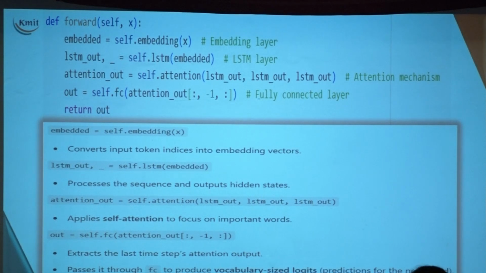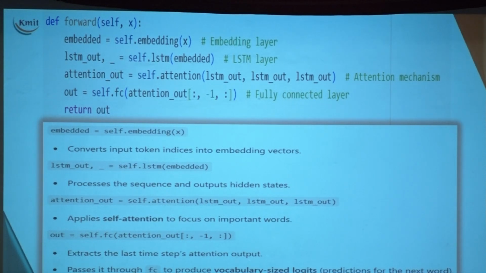Once you are done, you are passing on this output of LSTM. You will be taking only one of them, that is your one of the outputs that you are going to take out of the attention. And the last one, the last hidden state specifically: all the keys, all the values, but only one query.